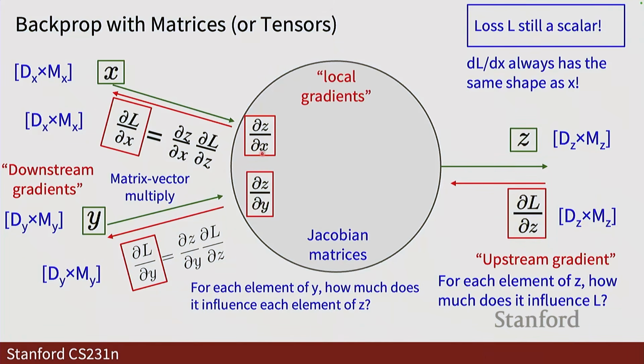However, the local gradients are going to be a huge Jacobian, because we have a matrix as the output and a matrix as the input, and the local gradient will be the size of the input size multiplied by the output size. So it's going to be a huge matrix by itself.